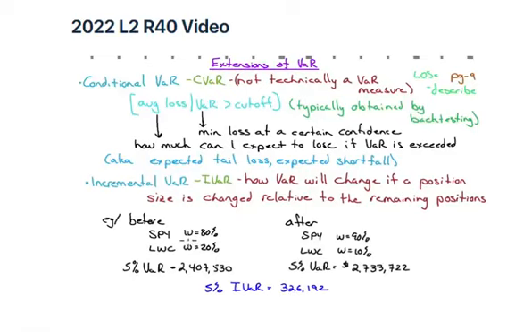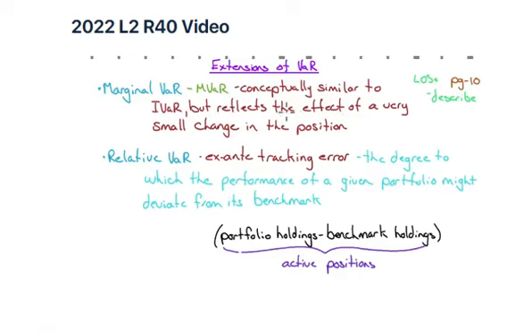Next is marginal VaR, kind of like incremental VaR. But we can think of marginal VaR as how value at risk changes for a 1 unit change in something. Conceptually similar to IVaR, but it reflects the effect of a very small change in the position. So we might have a bunch of risk profiles, and we might ask, what's the marginal VaR of each of them?